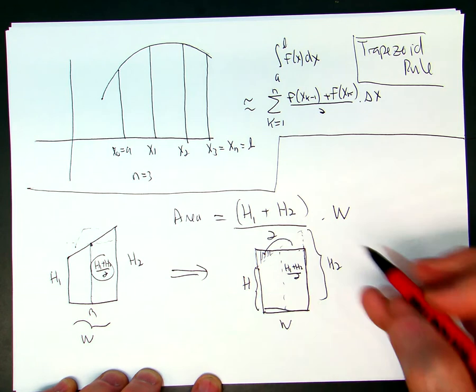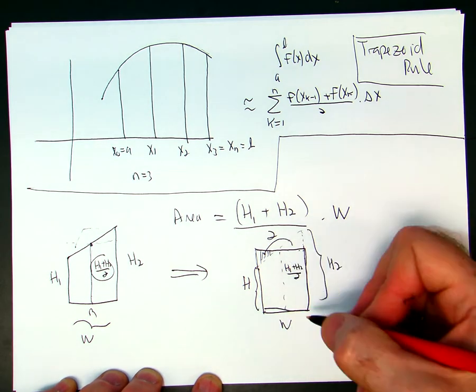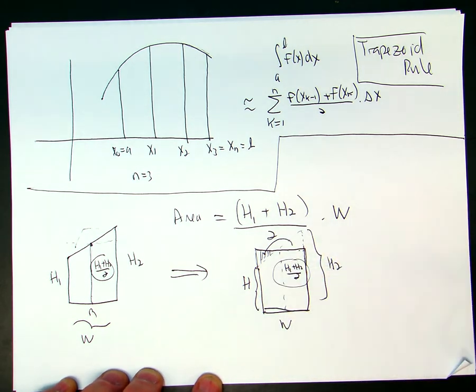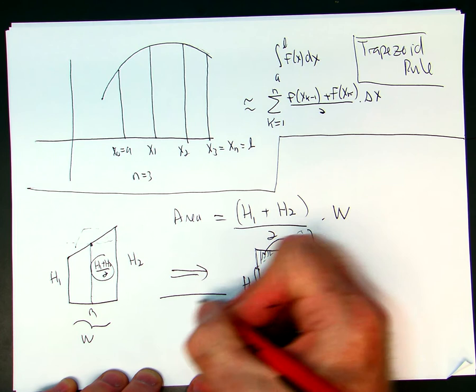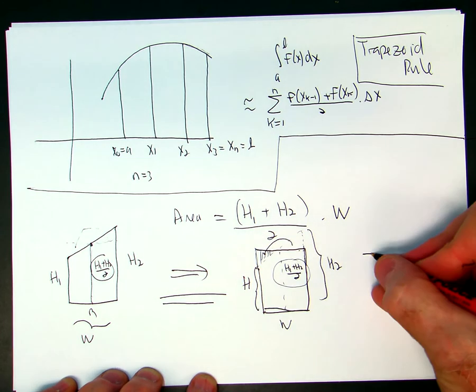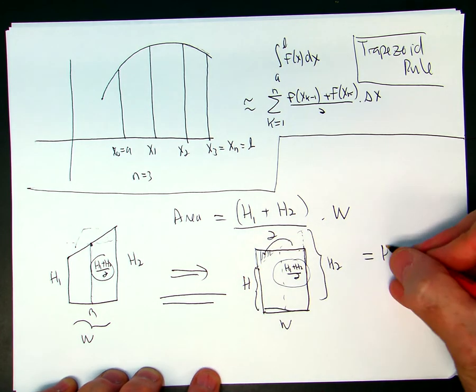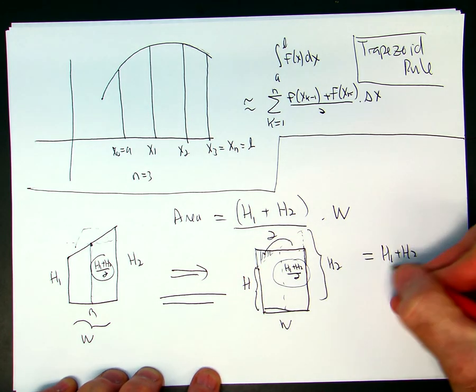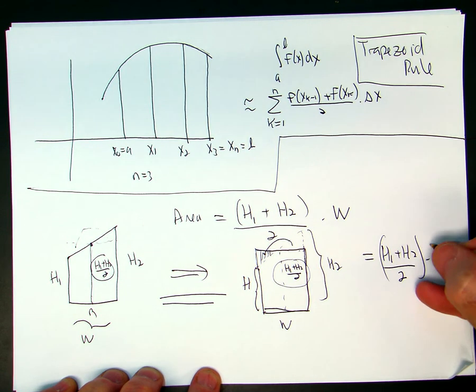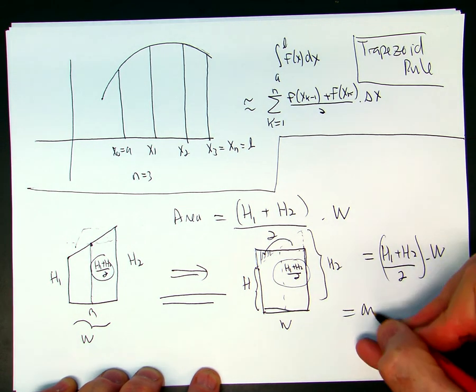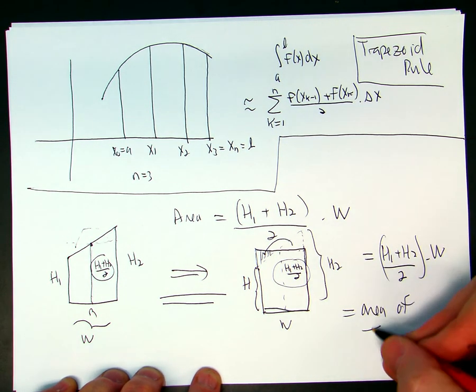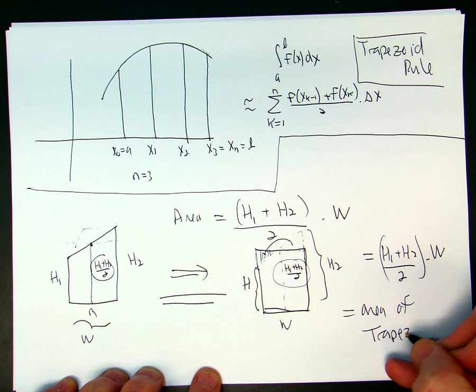So when I move this over to here, I get a rectangle. The height of this rectangle is that. So these areas are the same, and here we get h1 plus h2 over 2 times w, the area of the trapezoid.